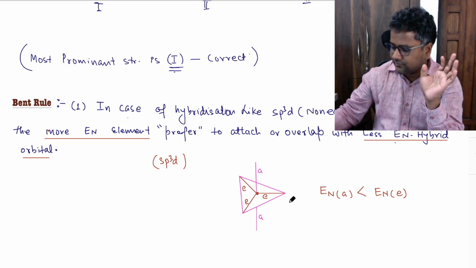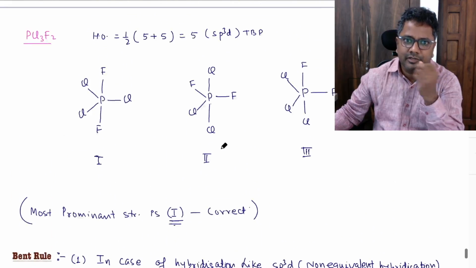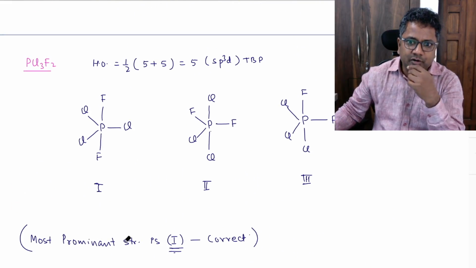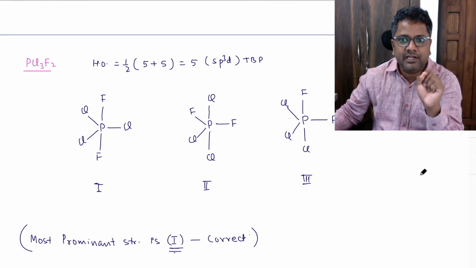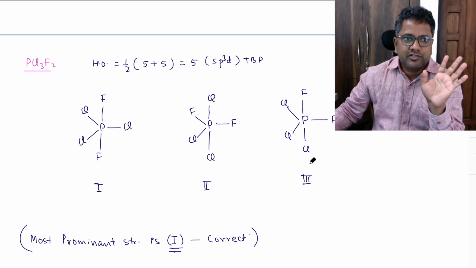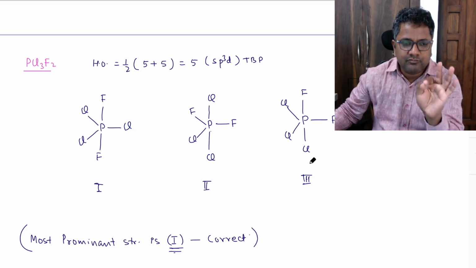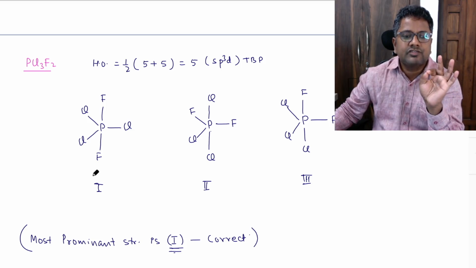But that's why I have told you here that the most prominent structure, I am not denying any structure, any possible structure here. All structures are possible, but the most prominent structure is one.